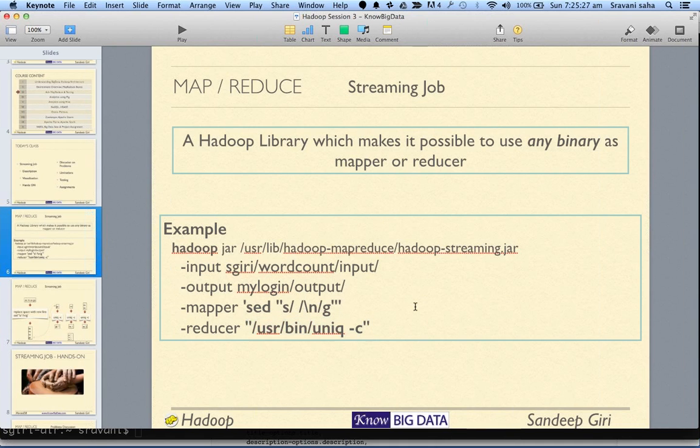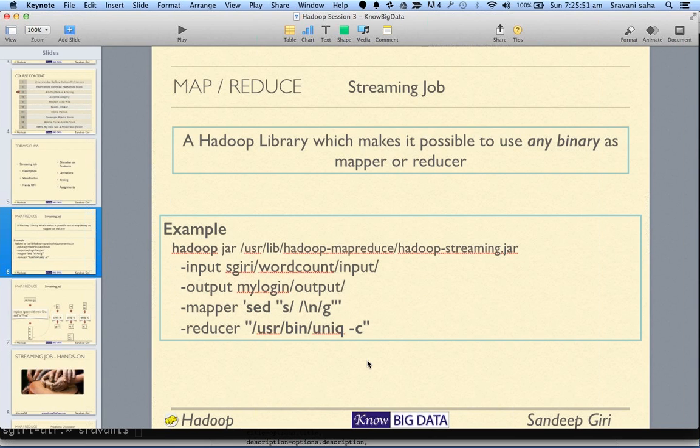So now what we want to do is, using these two commands, can we do our word count on Hadoop? Using these two nice Unix commands, one for replacing text with another, and the other for finding the unique.